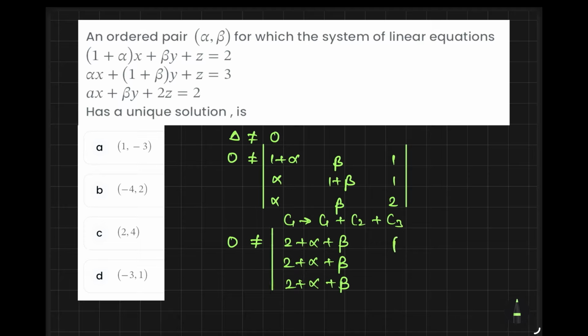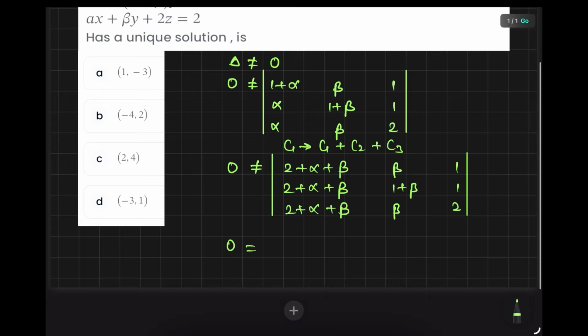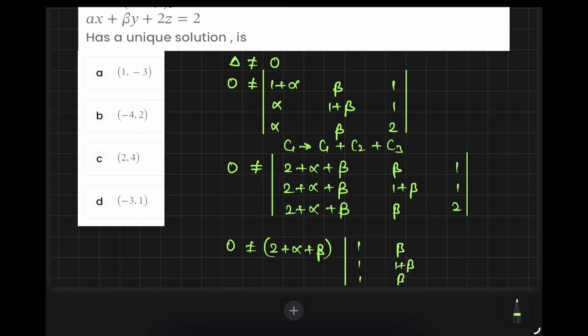Okay, and then we have beta, 1 plus beta, beta, 1, 1 and 2. Now what to do? We will take this common. So we will have 2 plus alpha plus beta, and then 1, 1, 1; beta, 1 plus beta, beta; 1, 1, 2.